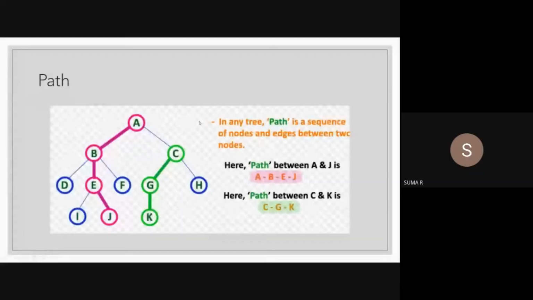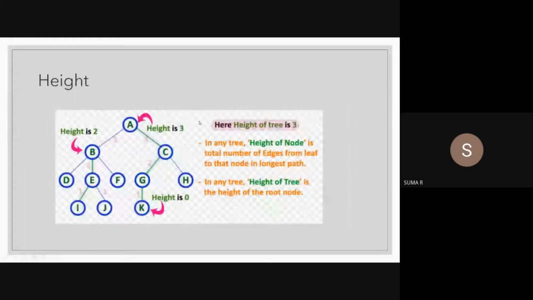Now, height. We can say the height in two different ways. The height of a node and height of a tree. What is height of a node? See, what is the height of a node A? Height of a node A is the maximum length from A to one of the leaf node.